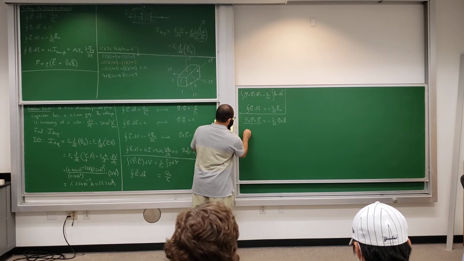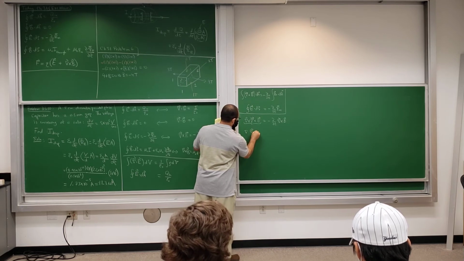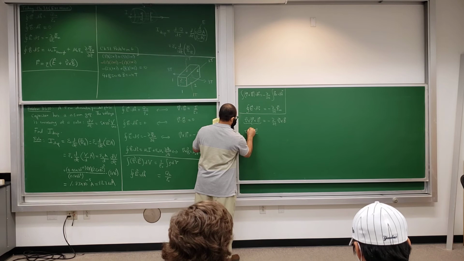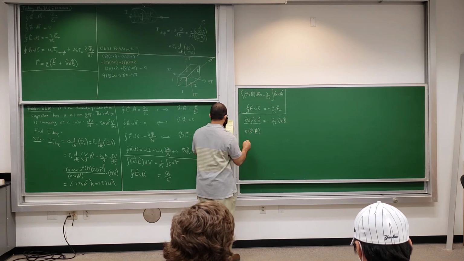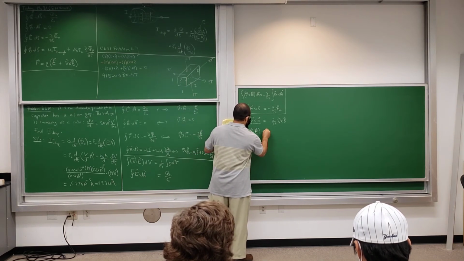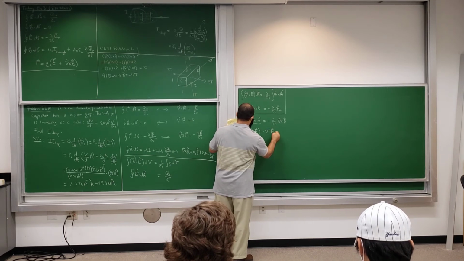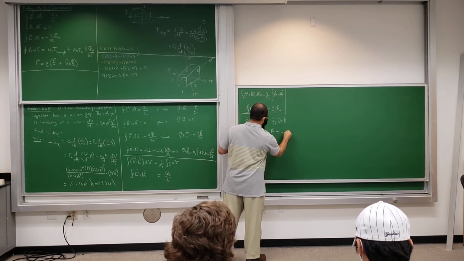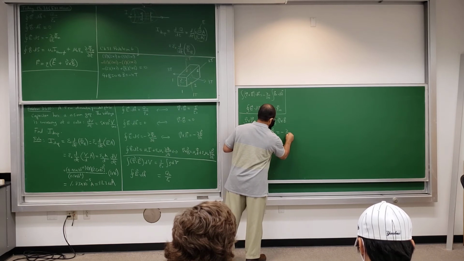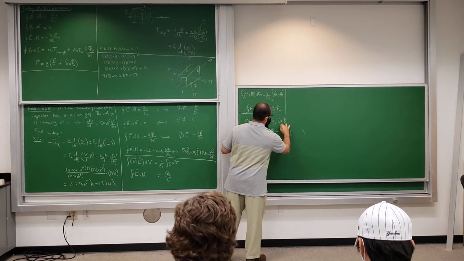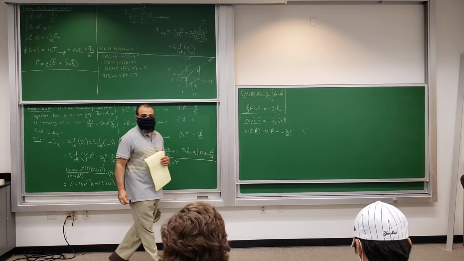Yeah. Gradient of the divergence of E minus gradient squared of E is equal to minus d/dt of the curl of B. Curl of B.